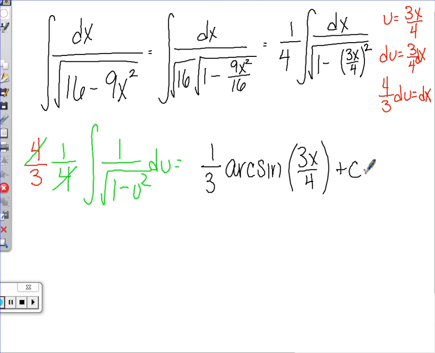You would just get numbers instead of arc sine. So I would plug in, and you get arc sine of numbers. I have to find that.